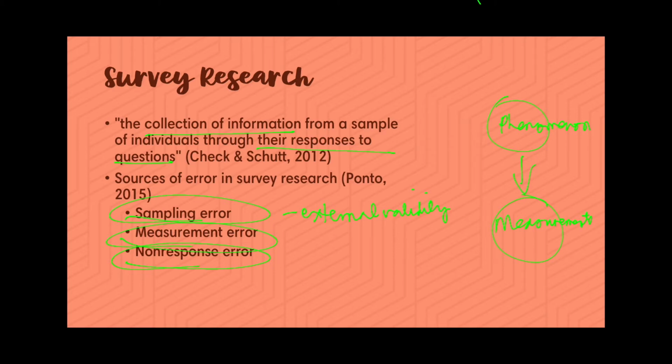Now, in the natural and the medical sciences, this is pretty straightforward. For example, if the phenomenon that you want to measure is blood pressure, the main measurement tool that you use is a sphygmomanometer, or a blood pressure apparatus. If you want to measure temperature, then you make use of a thermometer, right? But the variables that we use in social research are not like blood pressure or temperature or height or weight.